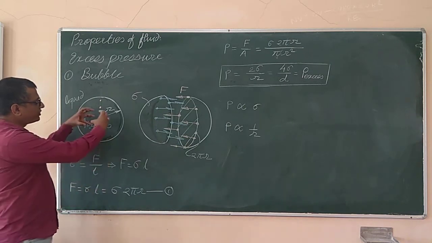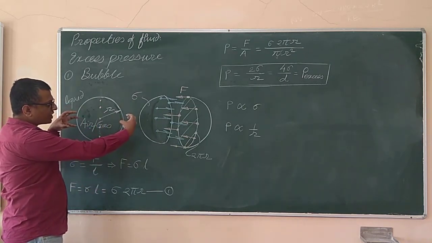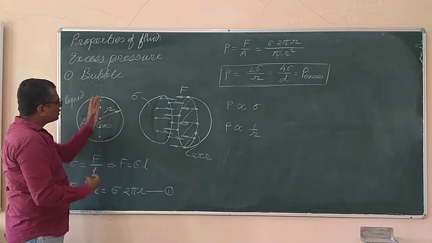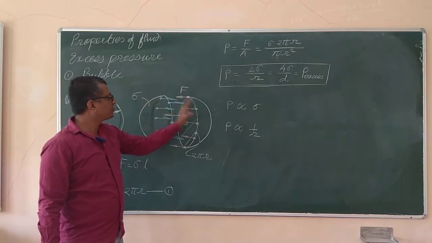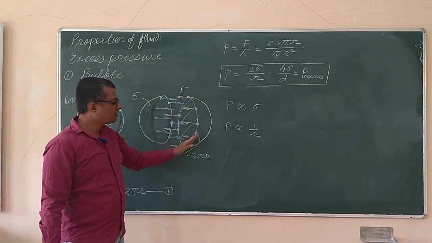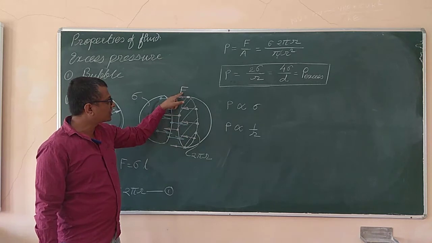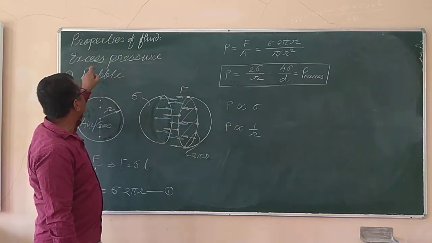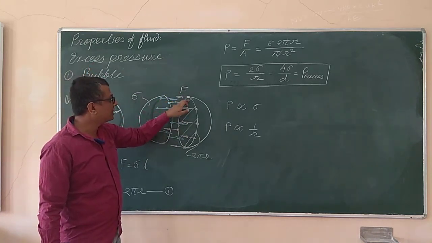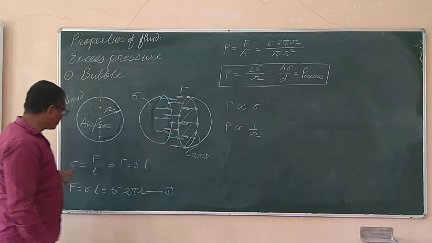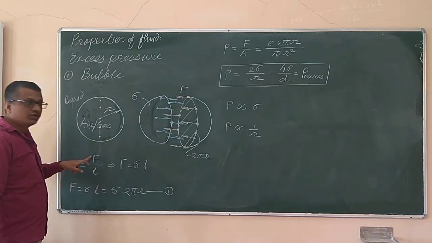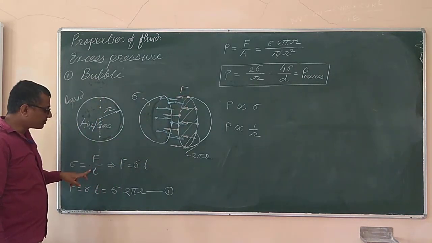Now apply the same concept. Imagine that you are going to separate that sphere into two equal parts. While doing so, the molecules on the periphery will be in contact with each other, and they will be under the influence of the tangential force, and that force is due to the concept of surface tension, and the magnitude of that force is given by this formula. Sigma is equal to force due to the surface tension divided by the effective length.